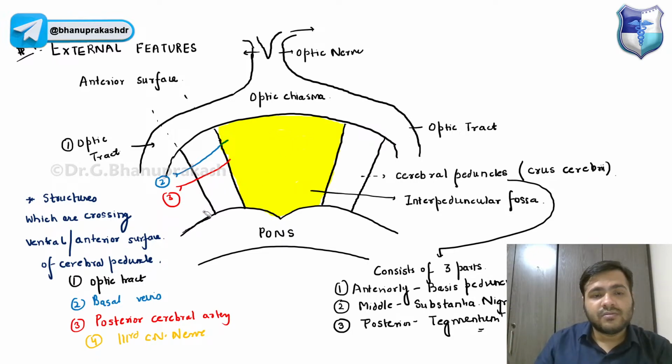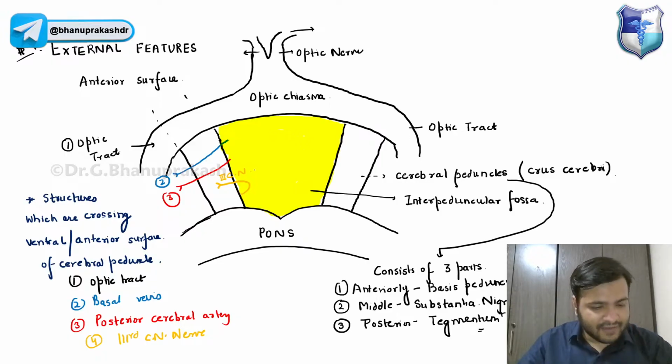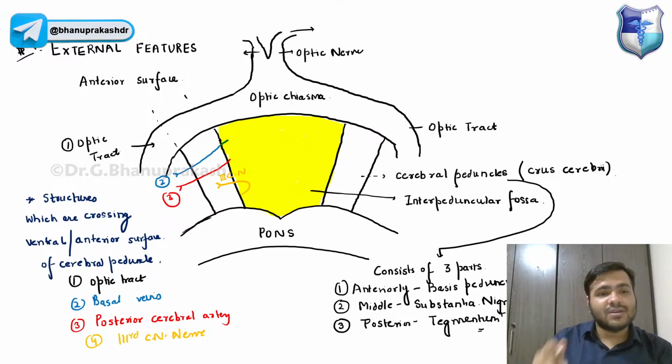No, it's not the hypoglossal, beta. It is only the fourth cranial nerve, beta, which is coming from behind, and it is coming onto the anterior part, guys. So this is the fourth cranial nerve.